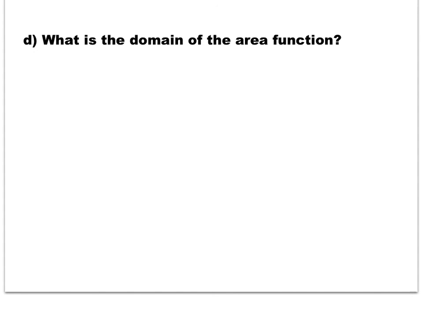Remember that the area function was given by a is x squared minus 49. First of all, we know that the x represents the length, so x has to be positive. That's the first restriction. And also we know that since area has to be positive, x squared minus 49 has to be greater than 0 because it represents the area.